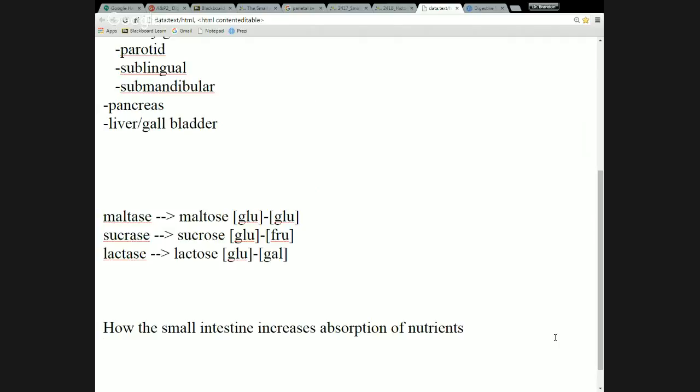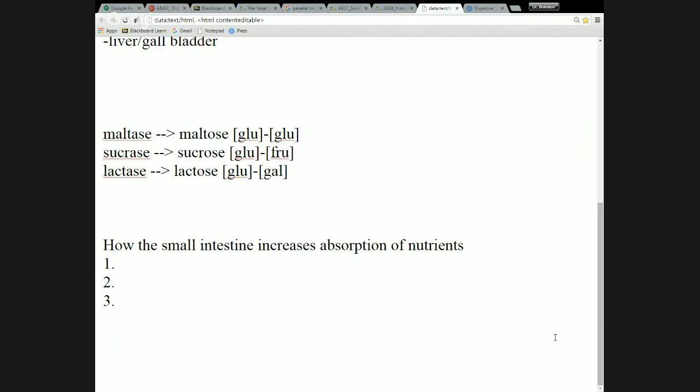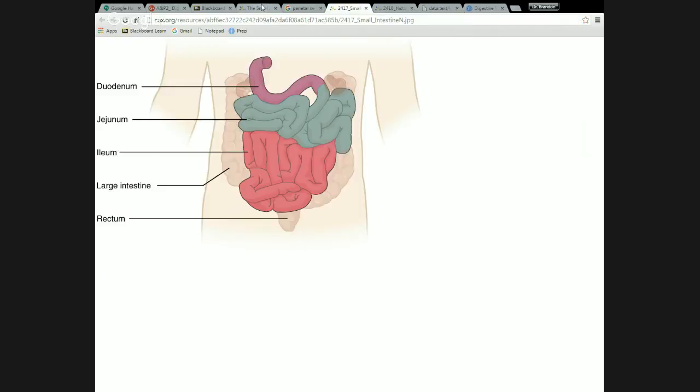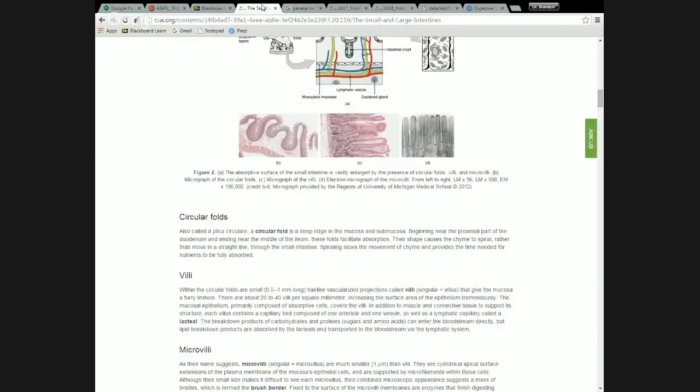There's basically 4 ways that it does this. And the book highlights 3 of them. And I want to talk about all 4. Now, in the book, after this figure, which has basically 3 parts, in the text, they describe circular folds, villi, and microvilli.